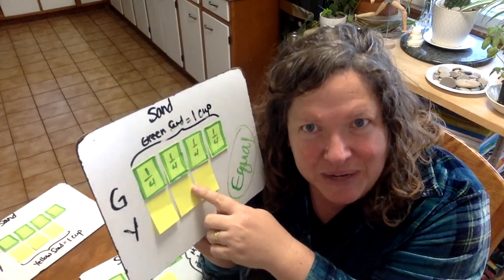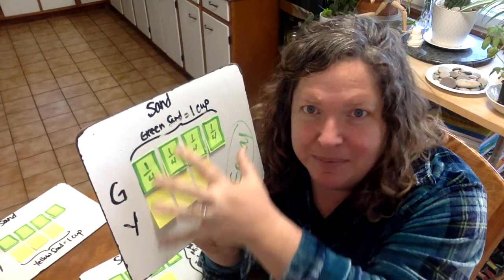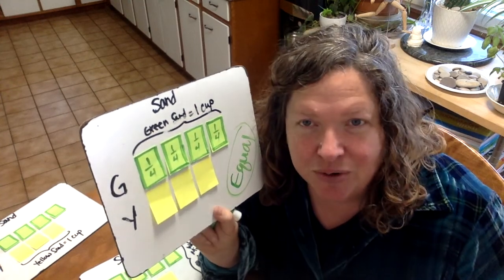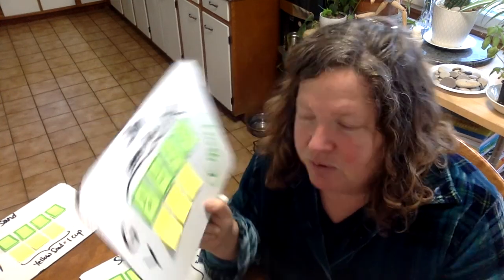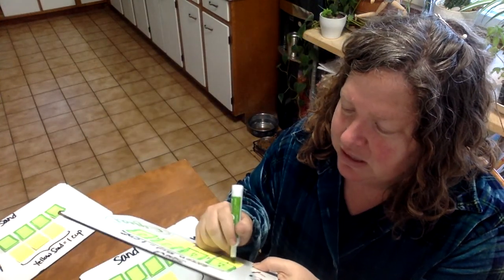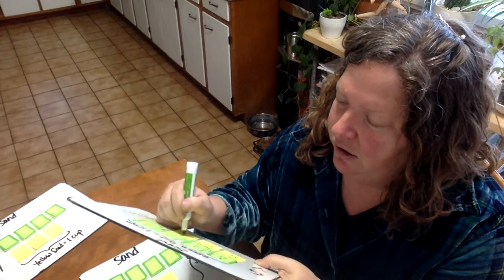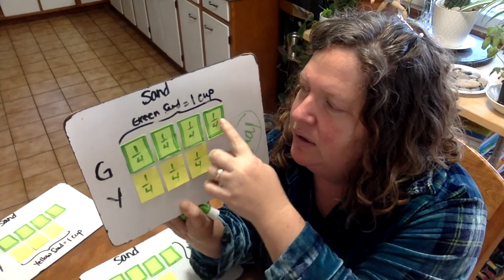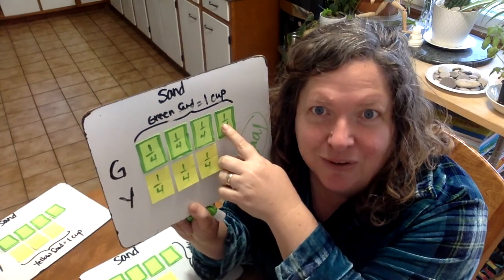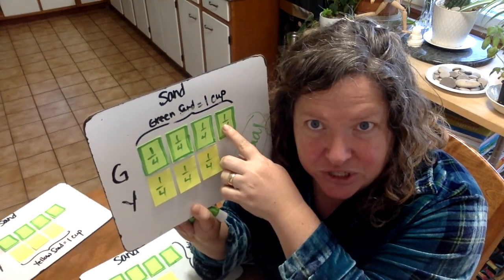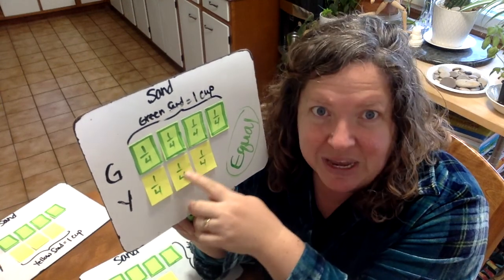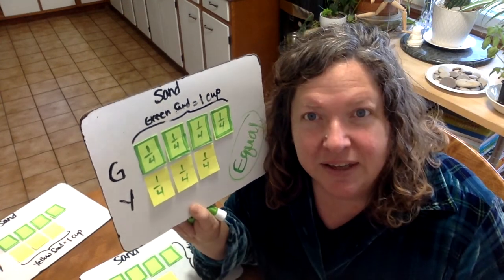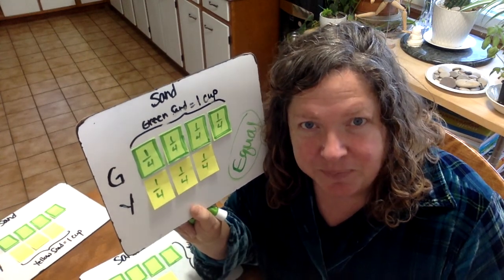They're also equal. So whenever we're talking about a group of something and a ratio of something, it always is equal parts. So these yellow ones are also 1/4 of a cup. So we have 4 1/4 cups of green in this mixture, 3 1/4 cups of yellow in this mixture.